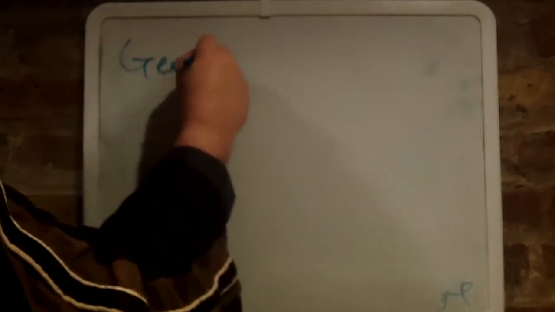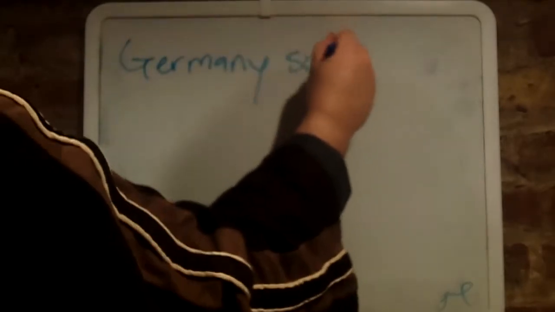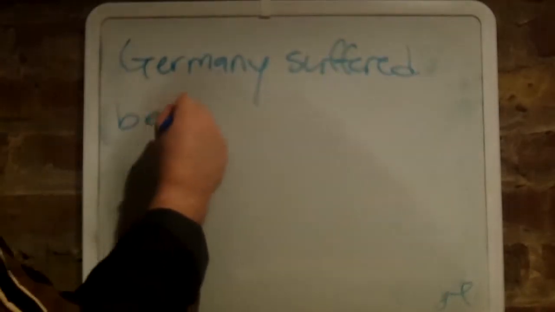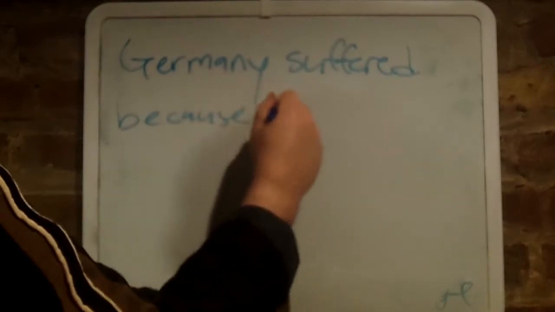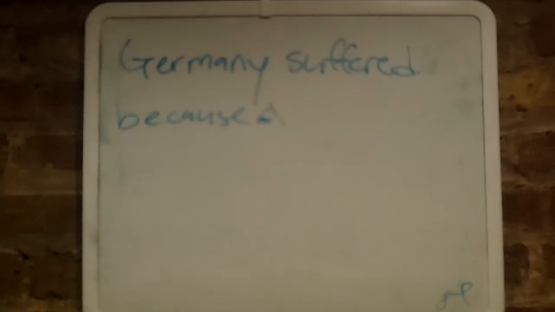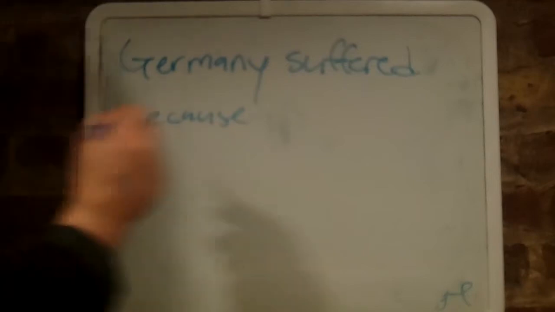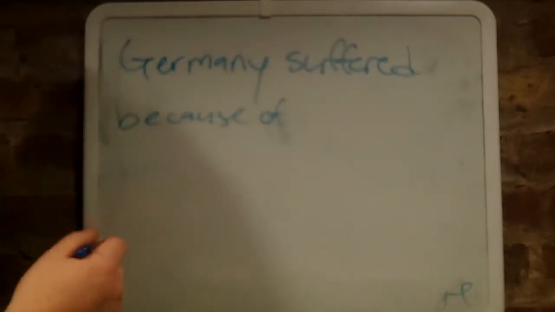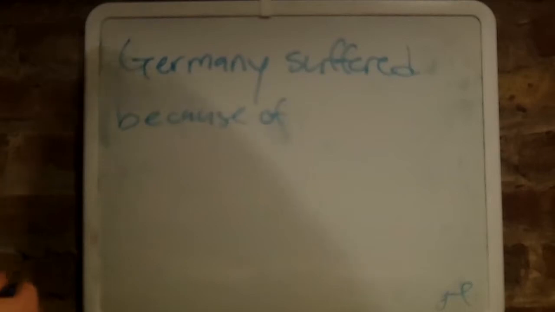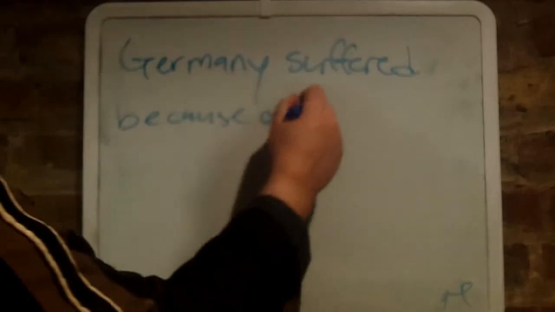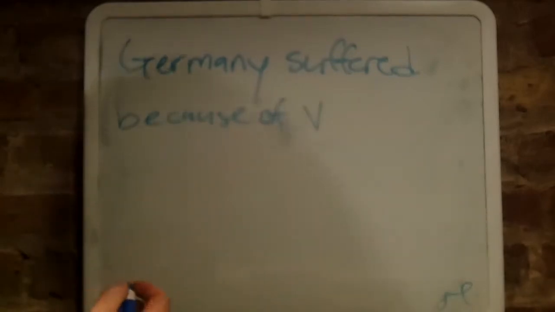So over in Europe, Germany suffered because of the Treaty of Versailles, which was the treaty that ended World War I. And because of this treaty, Germany had to pay enormous sums of money to France and Britain and the other victorious nations in World War I. And then when the Depression hit, their economy really went into a tailspin.